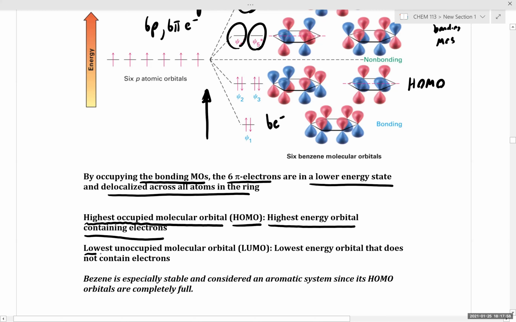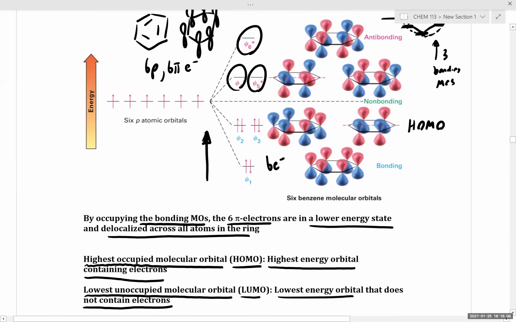The lowest unoccupied molecular orbital, or the LUMO, is the lowest energy orbital that does not contain electrons. And as we notice in this case, our LUMO is an anti-bonding orbital. So these 2 orbitals would be our LUMO orbitals.